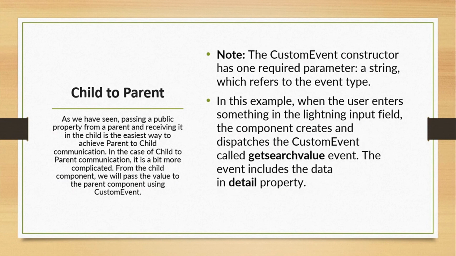So what is a custom event? A custom event is a constructor with one required parameter, a string which refers to the event type. In this example, when the user enters something in the lightning input field, the component creates and dispatches the custom event called getSearchValueEvent. The event includes the data in the detail property.